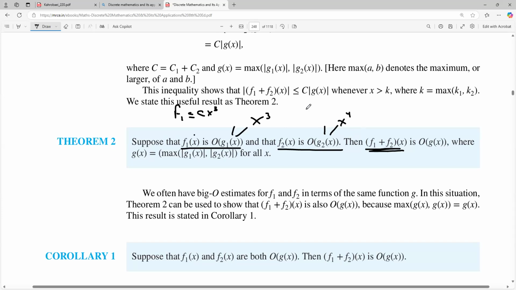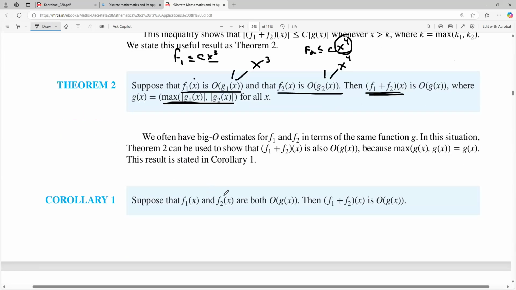And f2 is less than or equal to some c times x to the fourth. If I add these two functions, then I just take the greatest of these. Because if it's less than or equal to x cubed, it's going to be less than or equal to x to the fourth. That's why g of x is the max of both functions.